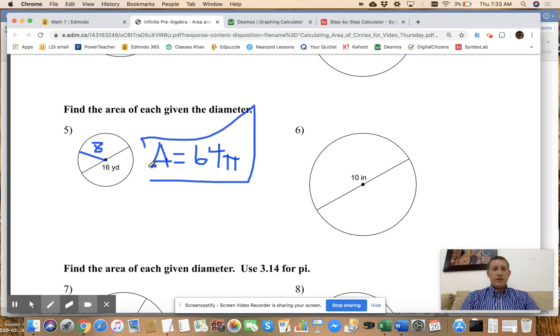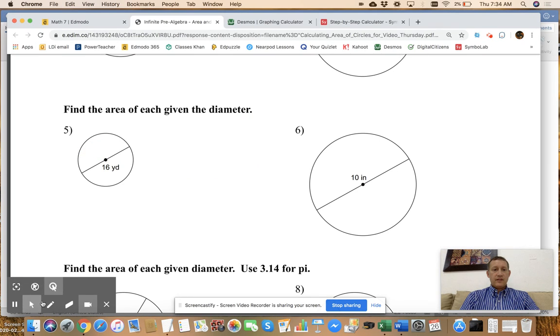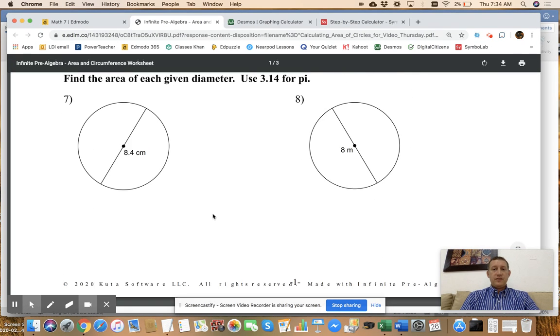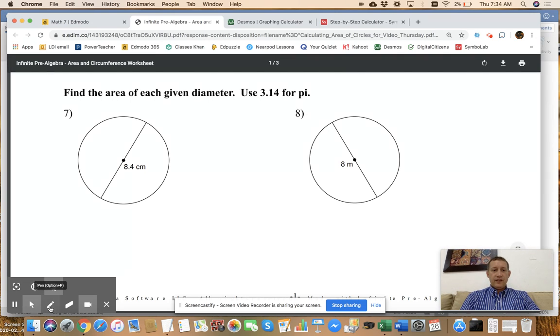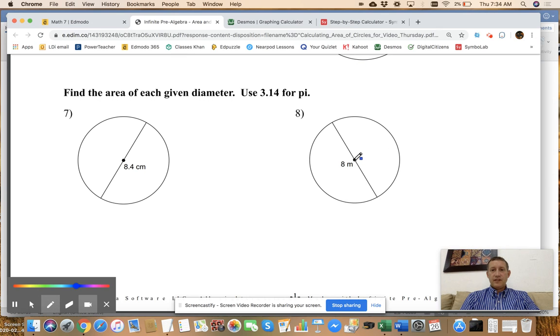Now the last two questions, I want you to actually multiply it out using 3.14 for pi. Okay, so for these last two, I give you the diameter, but I want you to use 3.14 for pi. So again, let's look at number 8 here. So if my diameter is 8, that means my radius is going to be half that, which is 4.